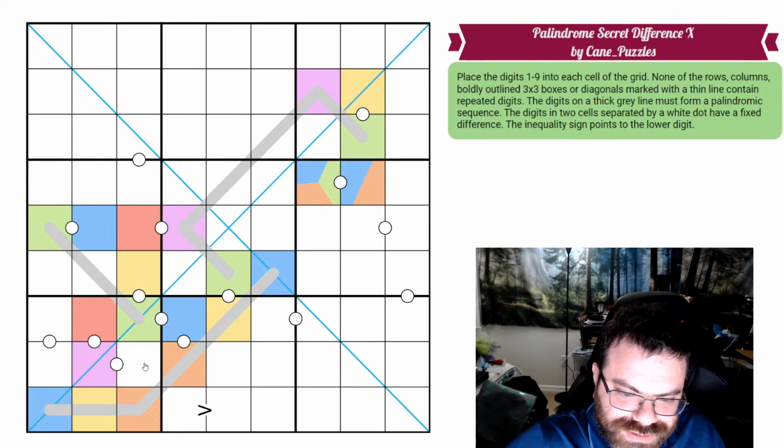I'm not sure if that's the right way to go or not. But we could just do the 3 grays here.